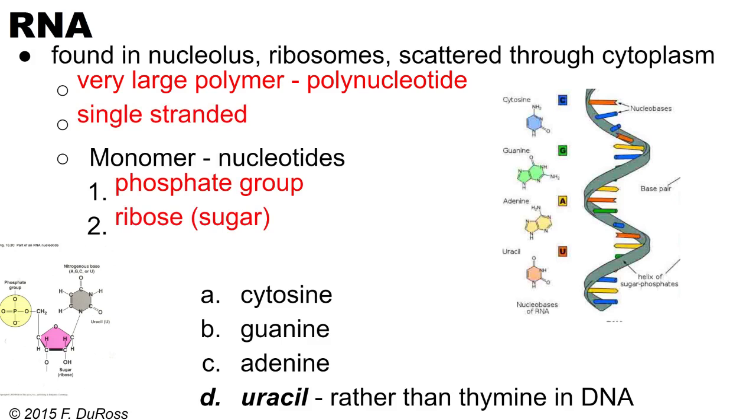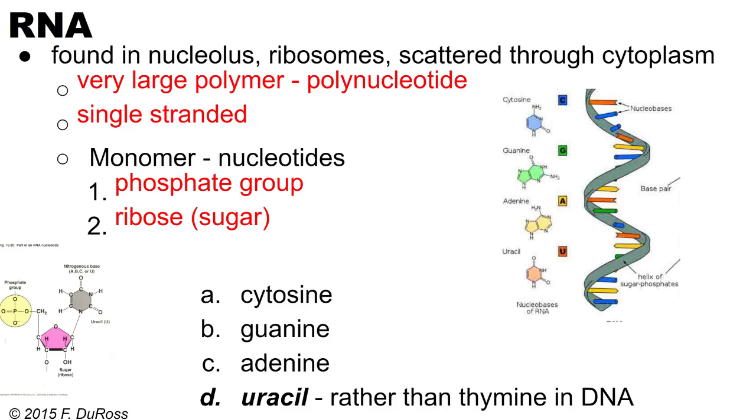And so RNA stands for ribonucleic acid. So it has protein in it? No, it's not. It's not like ribosomes, ribose, not ribosome, but we're going to talk about ribosomes in a minute. So we have phosphate group, then we have the sugar, which is ribose, and then we have our bases.